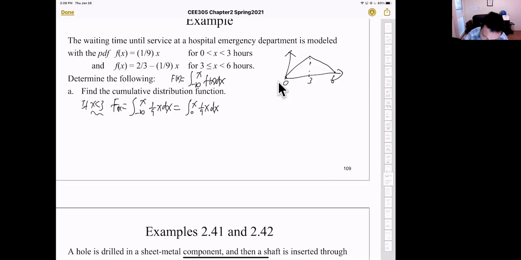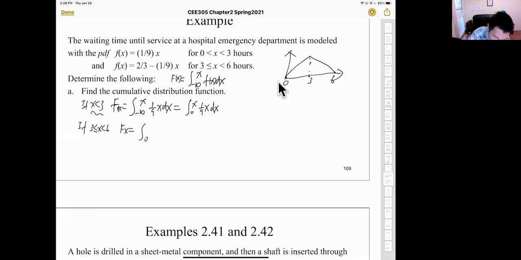If x is between 3 and 6, then Fx will become two parts.